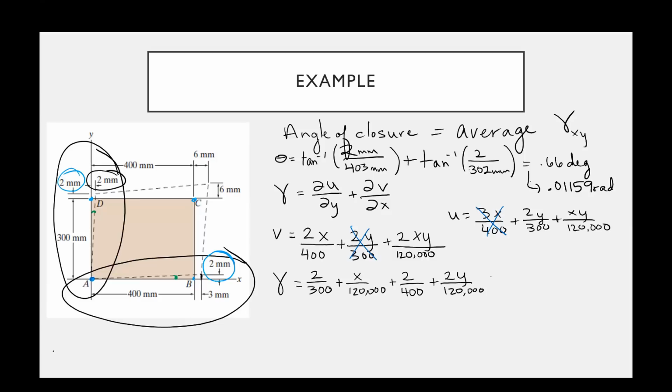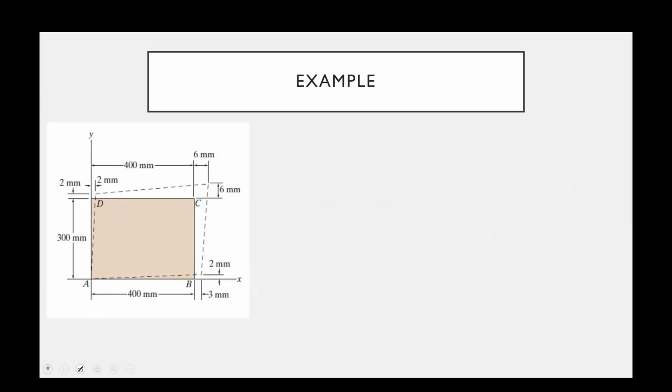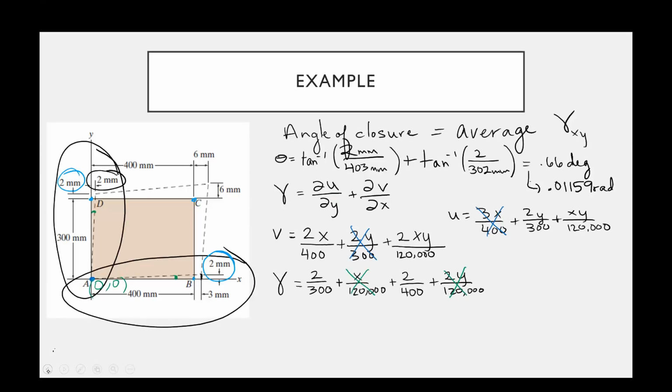And now, if we plug in the coordinates that correspond to A, which remember those coordinates are 0, 0, we defined that to be the case, this term and that term are 0, and we get that the shear strain at that point is equal to 2 over 300 plus 2 over 400, which happens to be equal to 0.01167. And that's in radians.